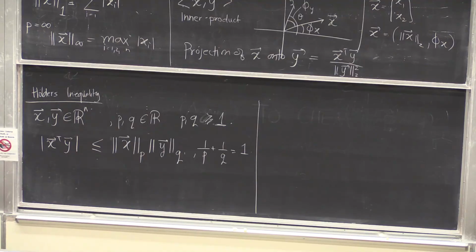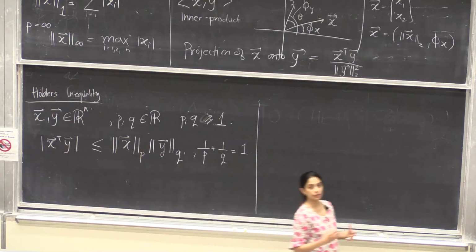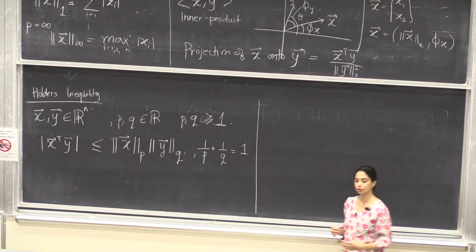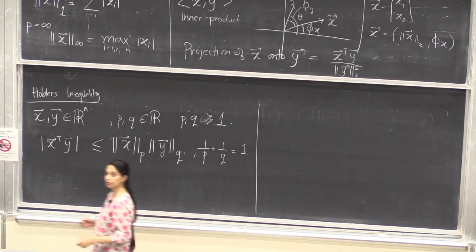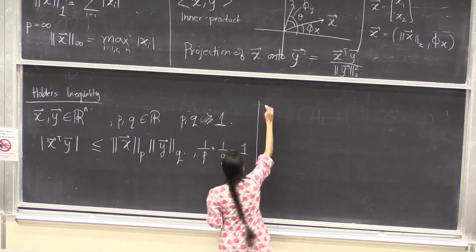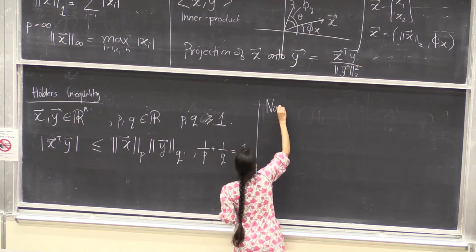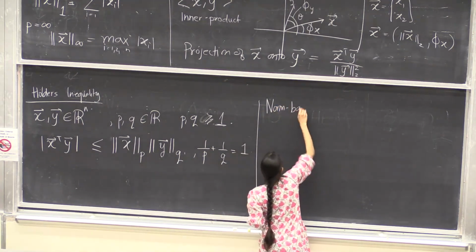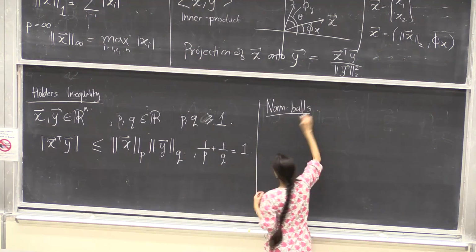My chalk is running out. So now what I want to do is go a little bit deeper into these p norms and q norms. And I want to explore some of their geometric properties. And I want to talk about norm balls. Okay?